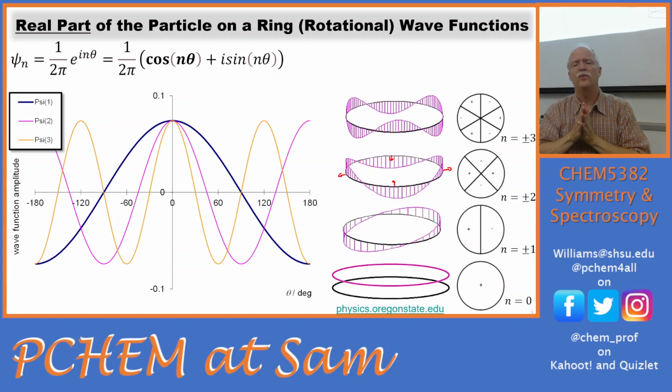Yeah. And so just like the spherical harmonics, the atomic orbitals were the harmonics of a hollow sphere, these wave functions are the ring harmonics. These are the harmonics of a ring. And so these are the standing waves that you get when you have a ring system and how it vibrates.